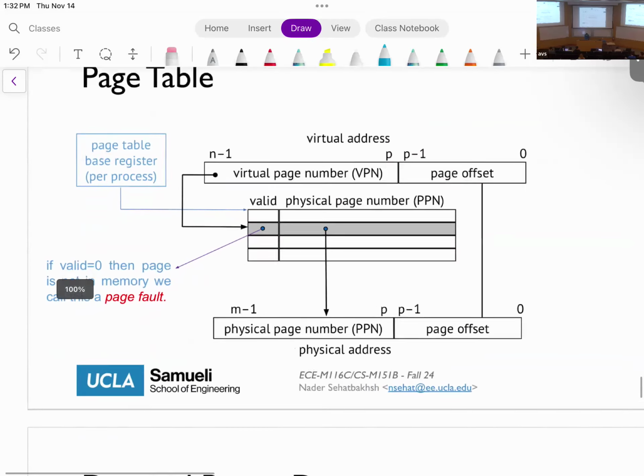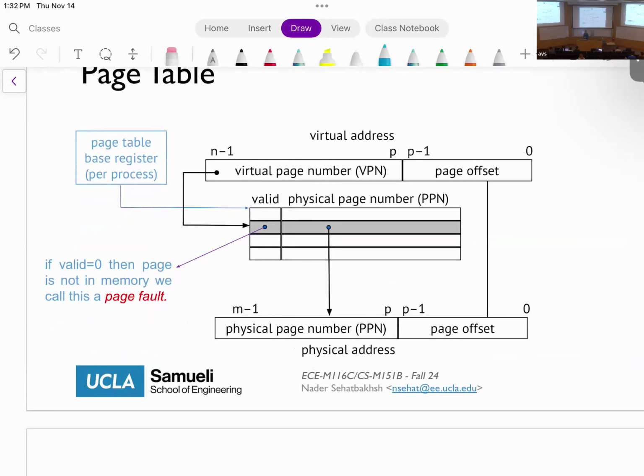Again, the way that we actually know whether or not we store a page in our page table is by having this valid bit. Okay, if for any reason we decide to kick things out of our page table, we set the valid bit equal to 0.